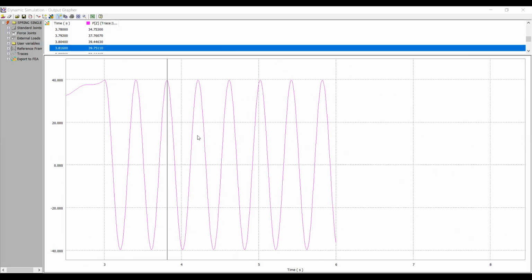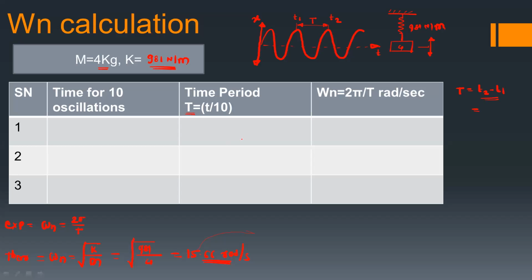Take a screenshot of this waveform. You have to add this screenshot in your experiment write-up.